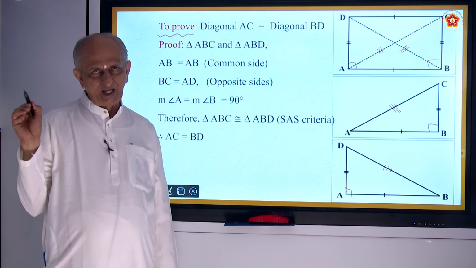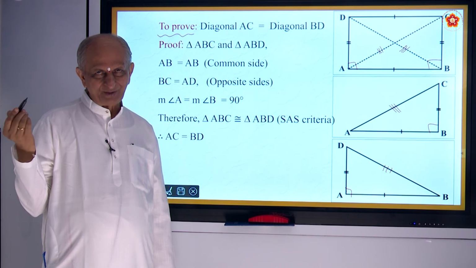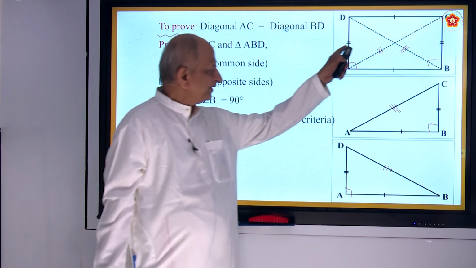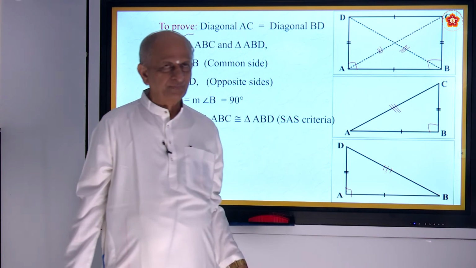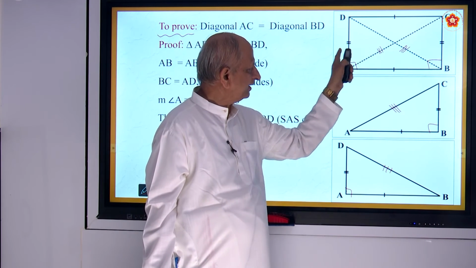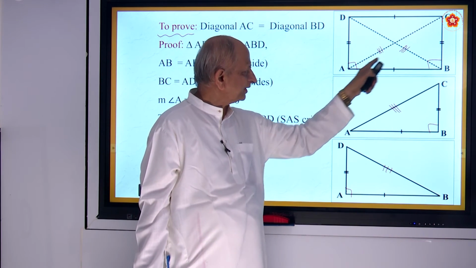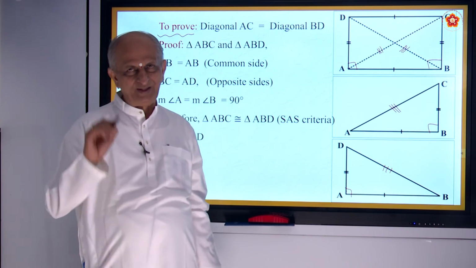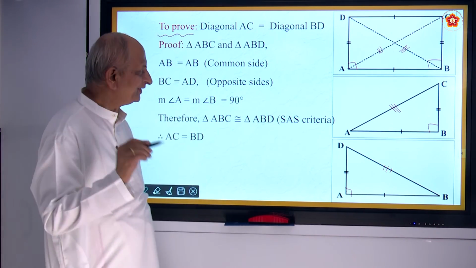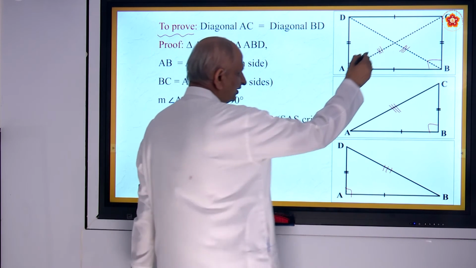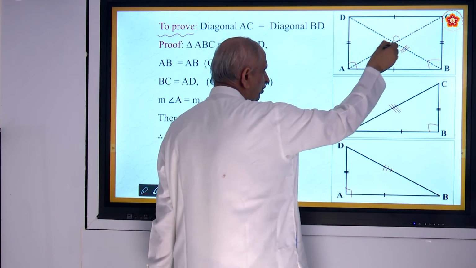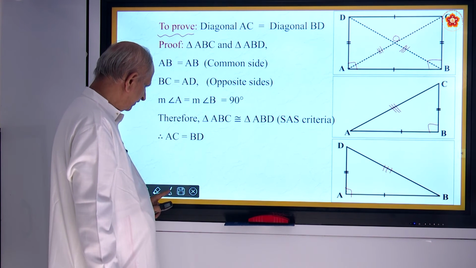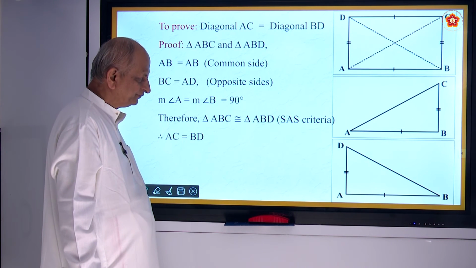That's all about the rectangle. So one more point is added to the list. What is the list? Opposite sides are equal, opposite sides are parallel, all the angles are equal to 90 degrees, diagonals are equal, and diagonals bisect each other. That means AO is equal to OC, BO is equal to OD. These are the features or properties of a rectangle.